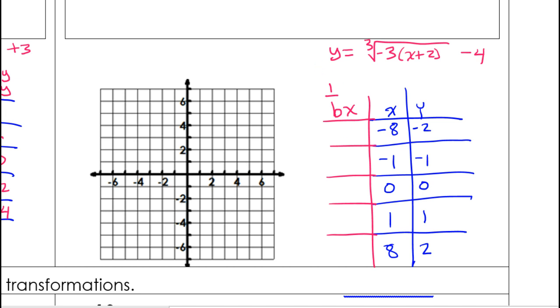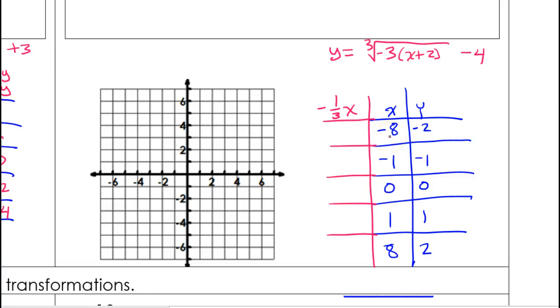So I'm actually going to multiply all these x values by -1/3. So the reciprocal of b. So all the signs will change, but also I am dividing by 3. So I'm going to have some decimals here.